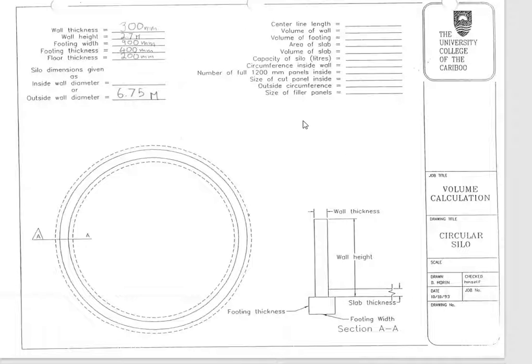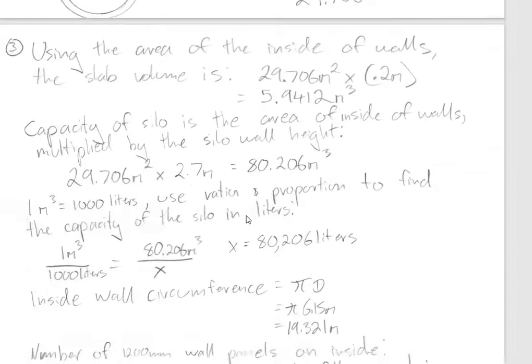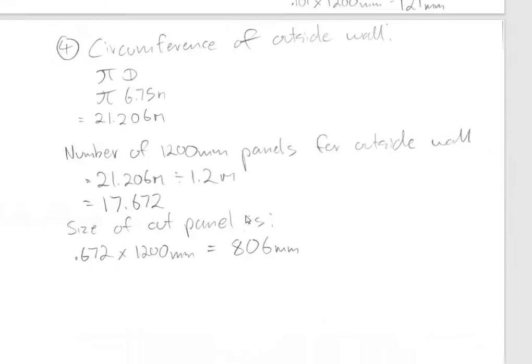Next question is the circumference of the inside wall. So circumference would be this distance here on the inside. So it's just the diameter of the inside circle multiplied by pi. Gives us that circumference, and the calculation is done out for you down here.